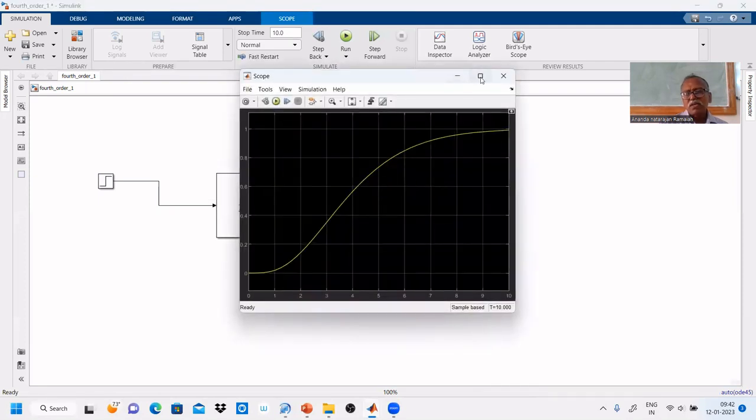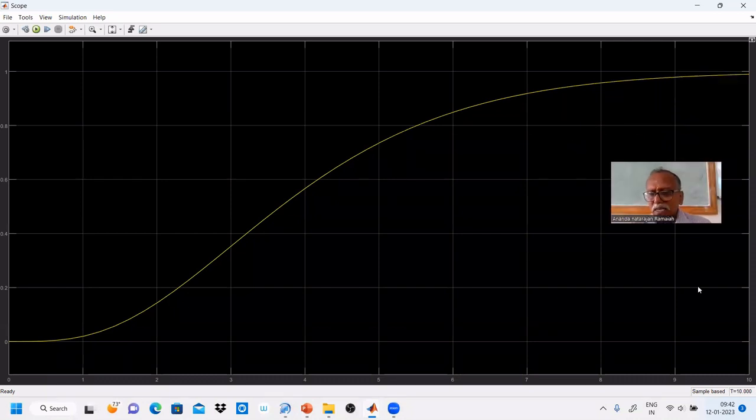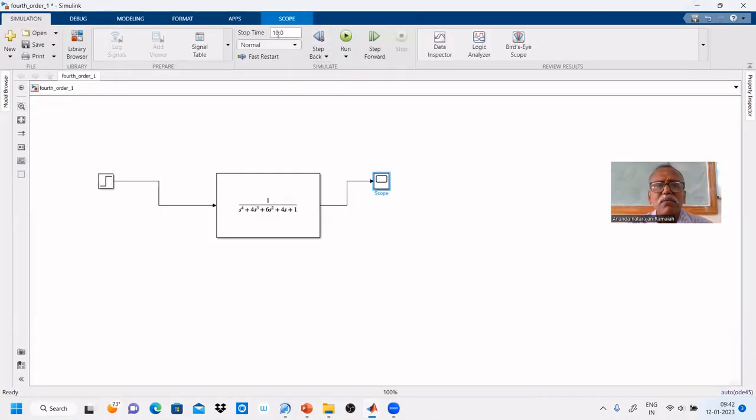But here it is not yet settled, because the x-axis is up to only 10 seconds. It's not sufficient. So we'll increase that time. This is available here: stop time. You increase the stop time to 20. Then you run again.